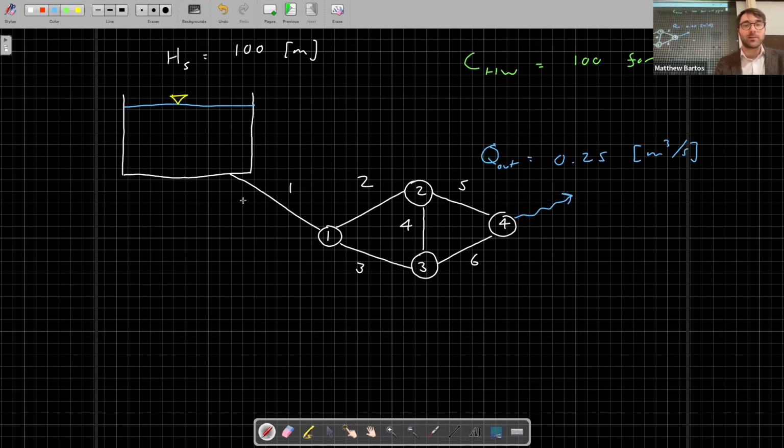So in pipe 1, we have some flow rate Q1. In pipe 2, we have some flow rate Q2, etc. So I'll just write Q1 just to remind you that pipe 1 has a flow rate associated with it, Q1. The same indexing scheme applies for all of the other pipes as well.